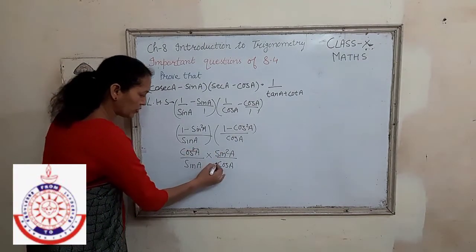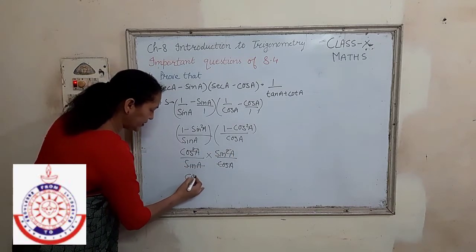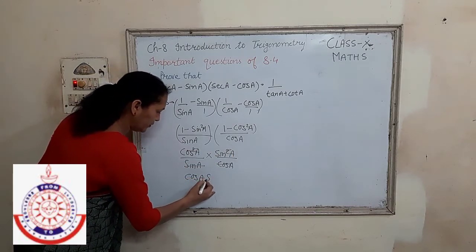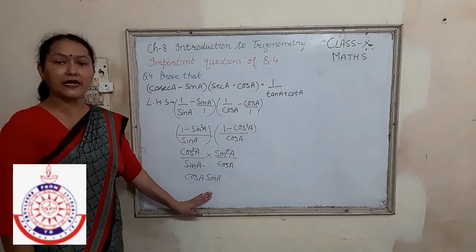So one term is got cancelled. What are we left with? We are left with cos A into sin A. The simplest form of left hand side.